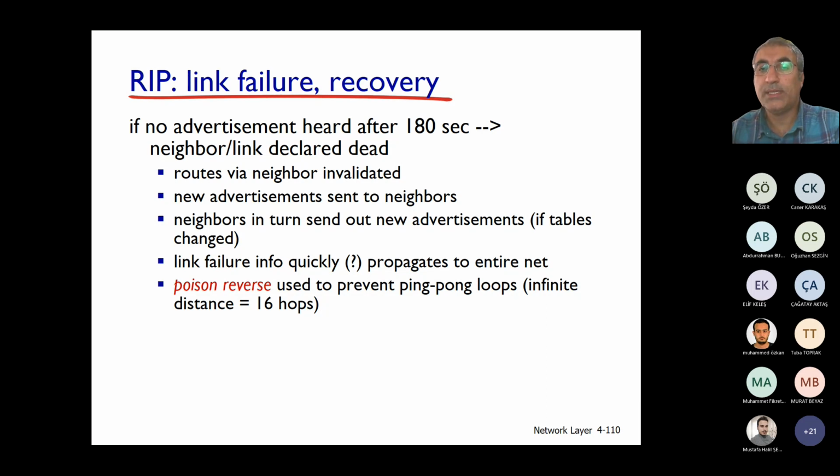The neighbors in turn send out new advertisements if their tables change, of course. Link failure information quickly propagates to the whole network. And the poison reverse method is used to prevent ping pong loops.